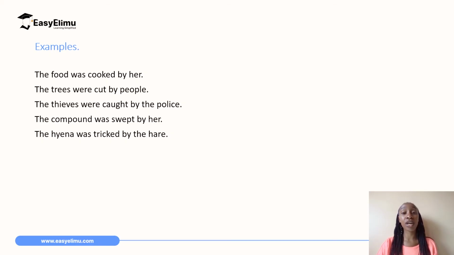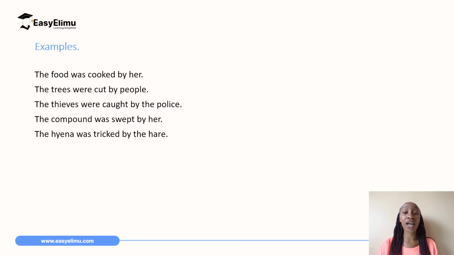Now, when you look at the verb was cooked, you realize now we have two verbs. Was is an auxiliary verb. Cooked is the main verb. You can't say the food cooked by her. So in the passive voice, we introduce an auxiliary verb to help the main verb so that the sentence makes grammatical sense.